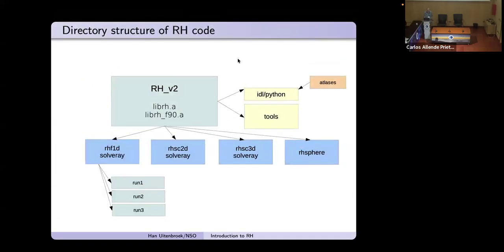The directory structure of the code is as follows. After you download it, it's typically now called the RH directory. I used to call it version 2 because in version 1 I only had 1 active atom, so I could only solve for 1 atom in non-LTE. But version 2 added the possibility of solving multiple atoms in non-LTE.